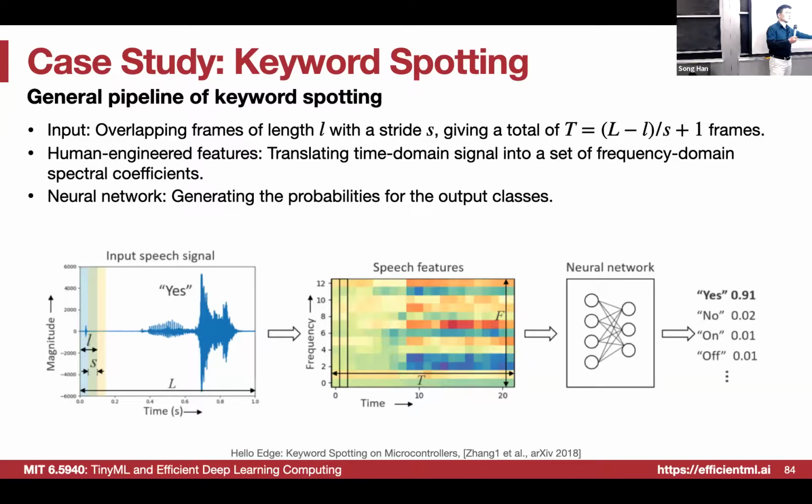It has two dimensions: one is time, the other is frequency. And the value is the strength at that time and that particular frequency. We can treat it exactly as a 2D image, use the CNNs that we talked about to convolve on this map, and later classify whether it's yes or no, on or off, those kinds of speech commands.